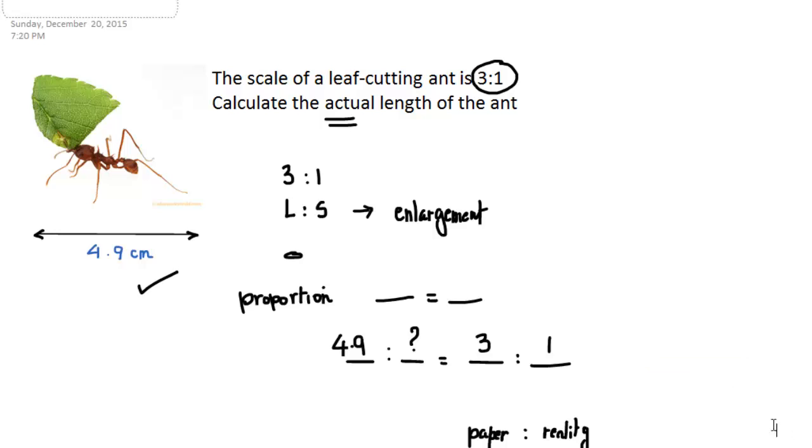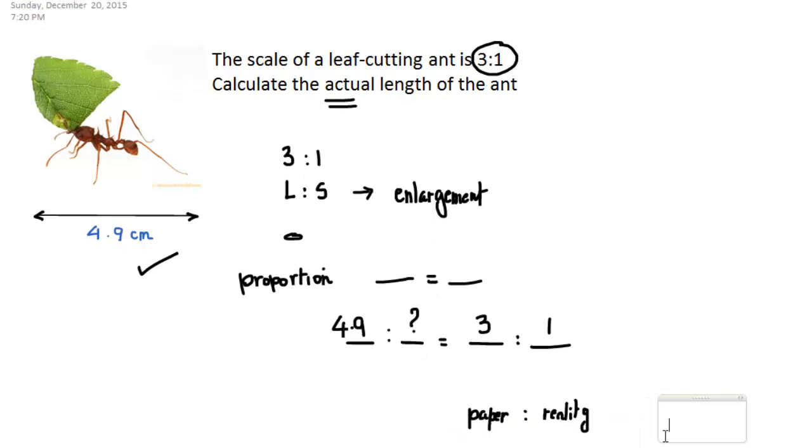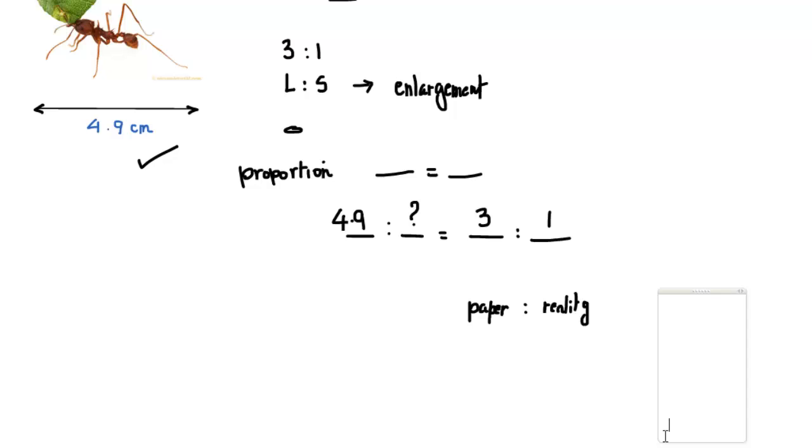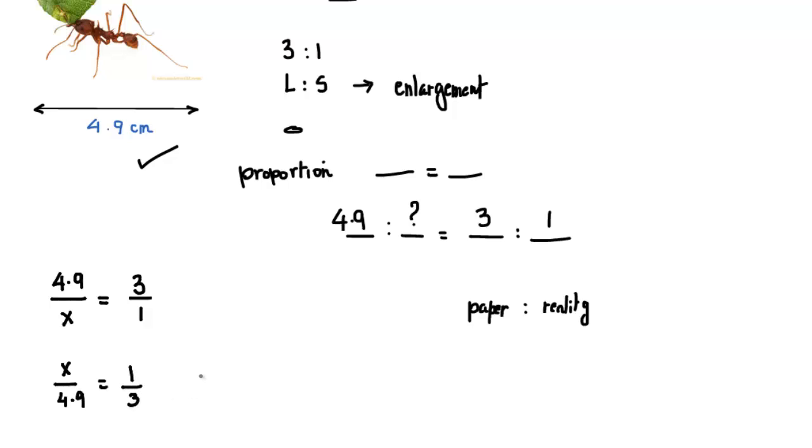How can I find this answer? I can transfer everything to a fraction. I can say 4.9 over x equals 3/1. Now some students will say, okay, I need the x to be in the numerator, not the denominator. No problem, you can switch it: x over 4.9 equals 1/3, if you like this shape. Now I need to isolate x to find its value.